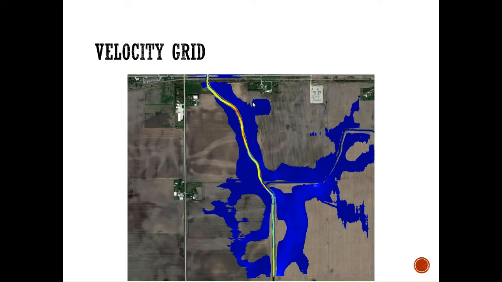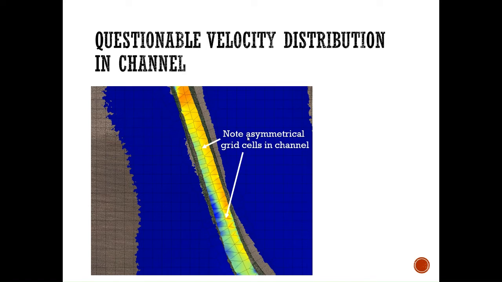And it wasn't until I started looking at the velocity grid that I started to notice some odd things here. You can see that the channel velocities here are substantially higher than the overbank, which isn't entirely unexpected, but to see the velocities this much higher was a little bit surprising. And then particularly once I zoomed in and took a look at the velocity distribution, I was seeing some asymmetries in the velocity distribution, even though this is a pretty uniform channel.